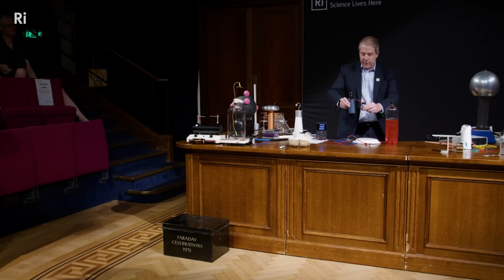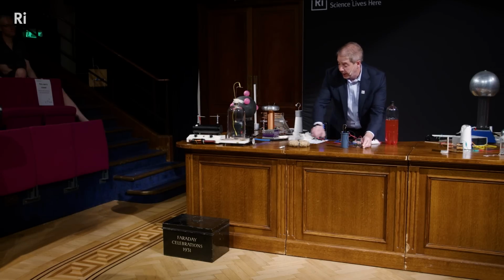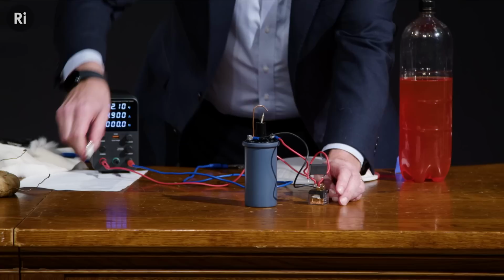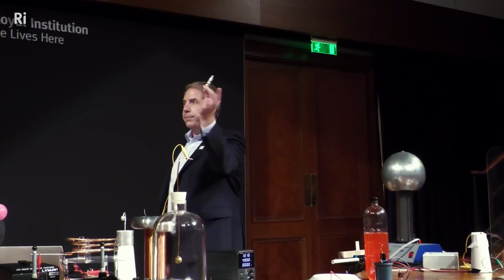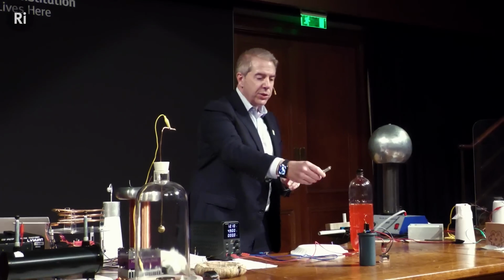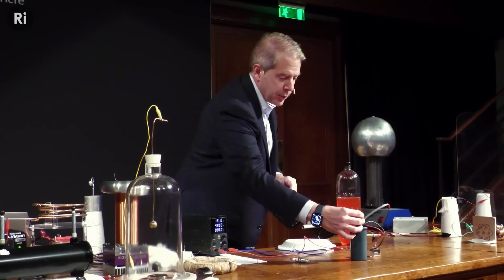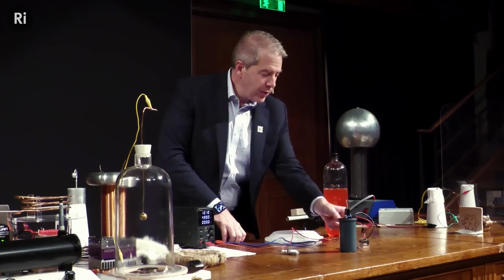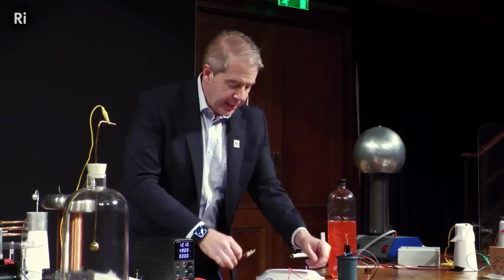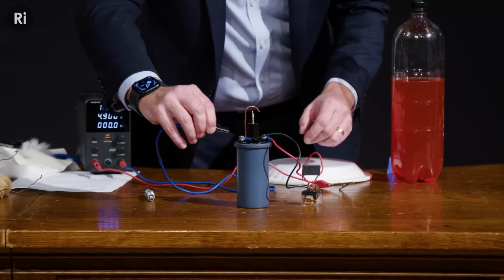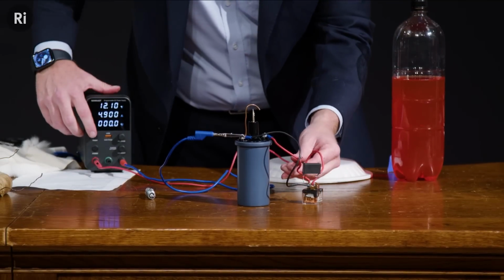So I have here an induction coil, and you may not recognize this because you haven't looked at your engine recently, but you might recognize this as a spark plug, right, for a petrol car. So this is what charges up the spark plug. And what I do is I have a little oscillator here that's going to turn on and off the current, on and off the current, and that oscillating current should generate for us a spark.